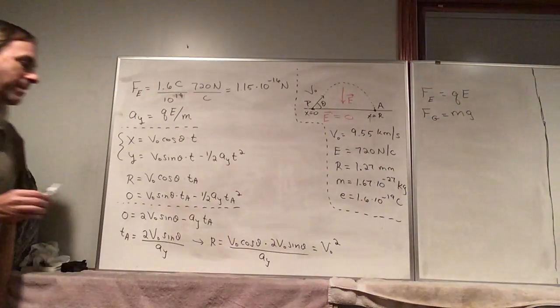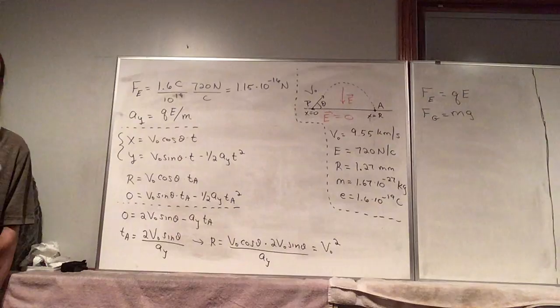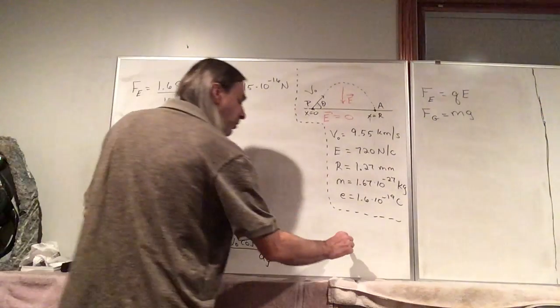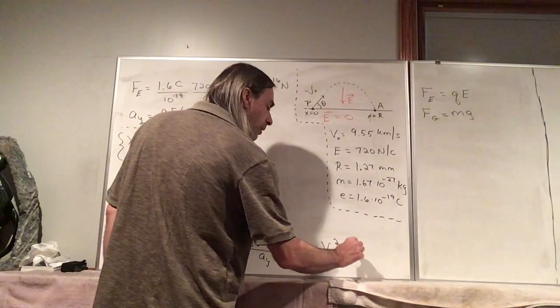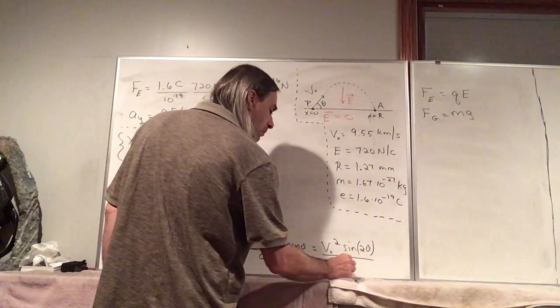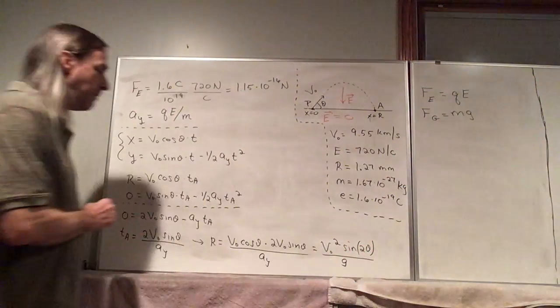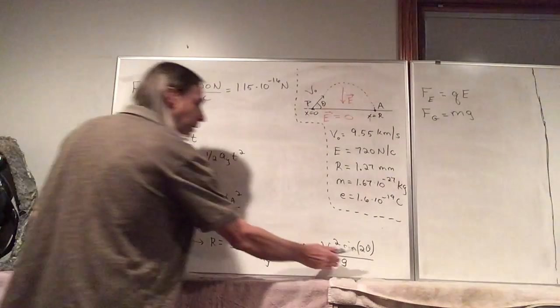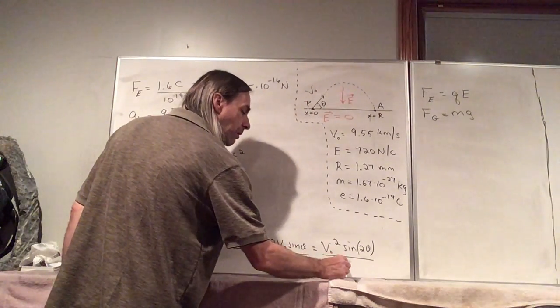And then we have 2 sine of theta cosine theta, which is sine of 2 theta. And then we divide, sorry, I'm thinking range equation here.